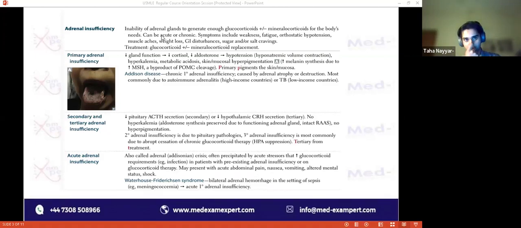If they mention that the adrenal gland is fine, or if you suspect that there is secondary adrenal insufficiency, you should know that aldosterone parameters should be fine in these individuals, because aldosterone regulation is completely different from cortisol. So do not confuse this. This is a very common mistake that people make.